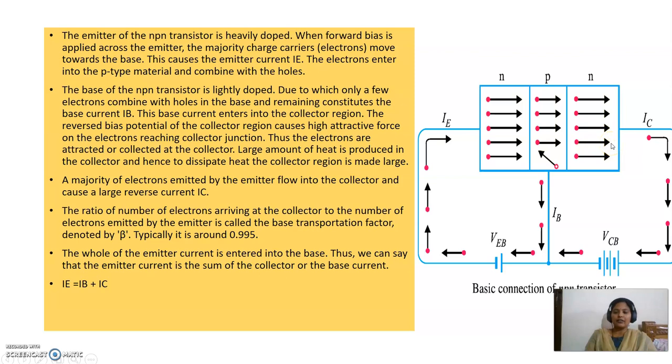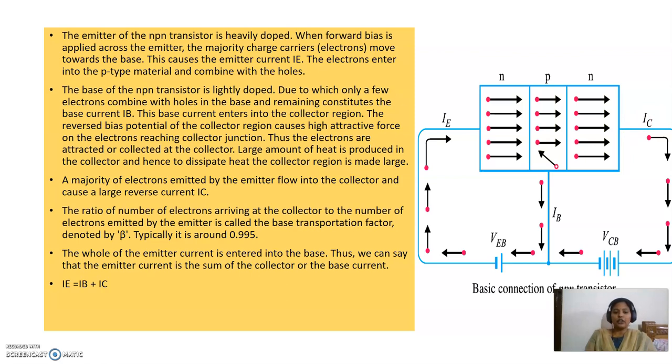That's why the collector is made very large in size, because a very large amount of heat is dissipated there. So the majority of the electrons emitted by the emitter will flow into the collector and cause a large reverse current IC.